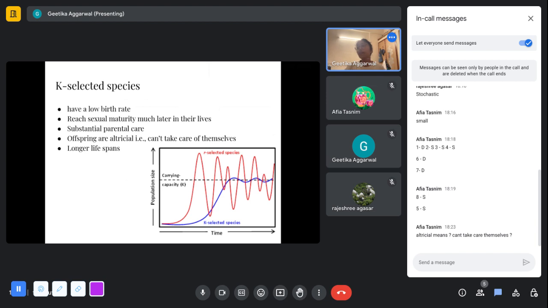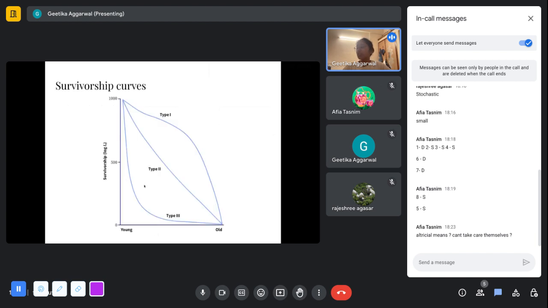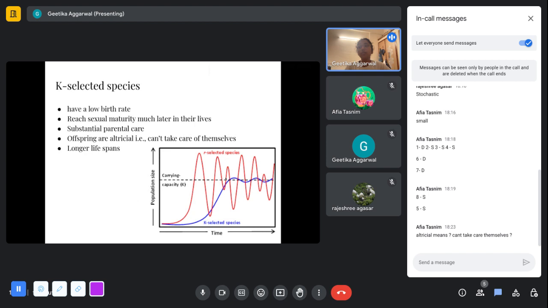So if you look at the graphs for R selected and K selected species, they will look somewhat like this. You have population size on the y axis, and time on the x axis. With time, the population size of a K selected species increases from a lower size eventually, and once it reaches the carrying capacity, it will stay more or less close to the carrying capacity.